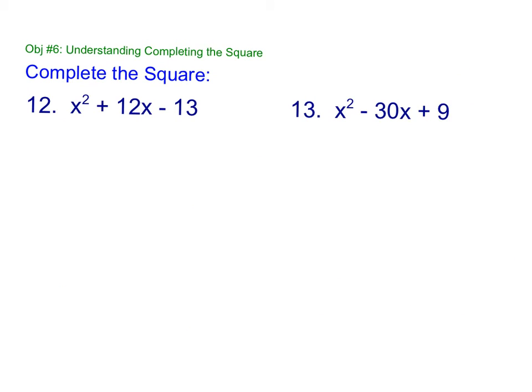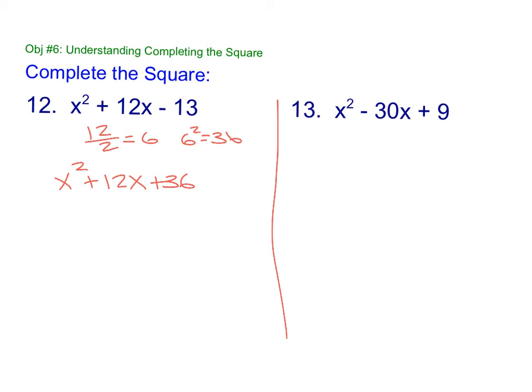All right, I want you to pause the video and see if you can try these. So again, I'm going to take my 12, divide by 2, that gives me 6. 6 squared is 36. 36 is the C term that I want. So that when I factor this, I get x plus 6 times x plus 6, which is x plus 6 quantity squared.